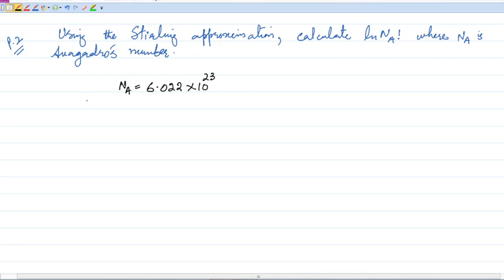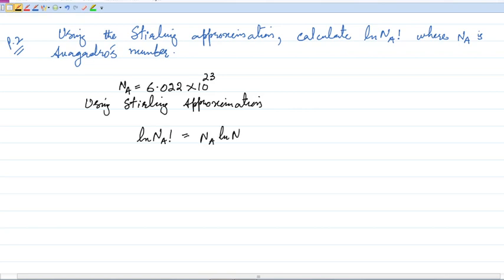Now using Stirling approximation, we can write ln of Na factorial is equal to Na ln Na minus Na. So we are using this simple approximation without using the other approximation.